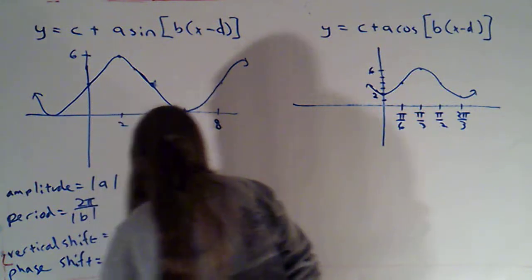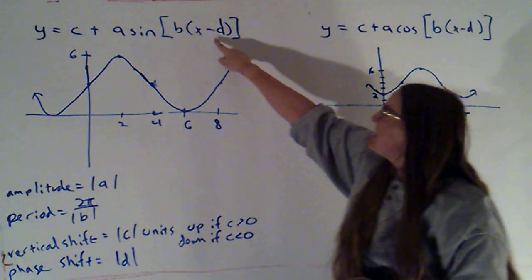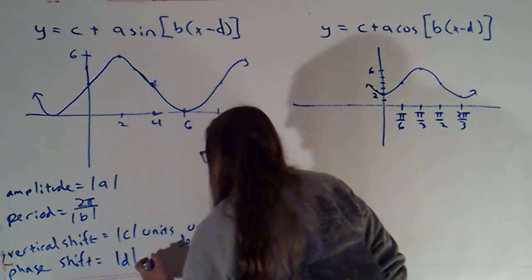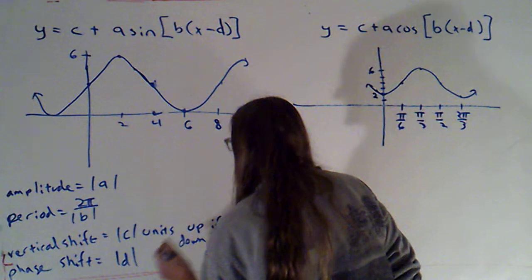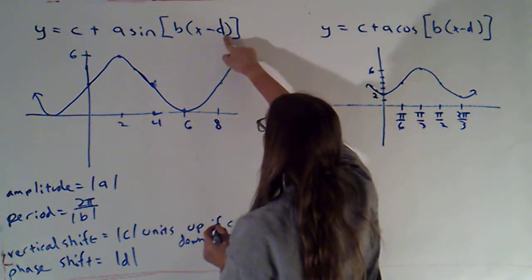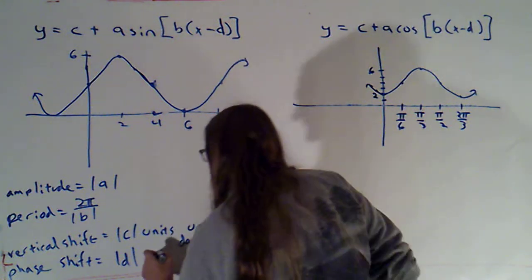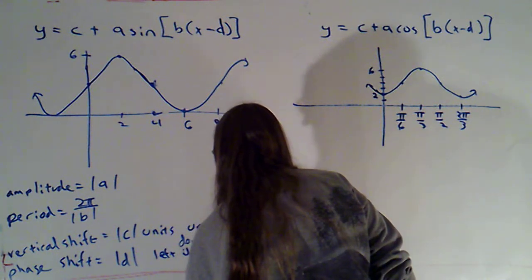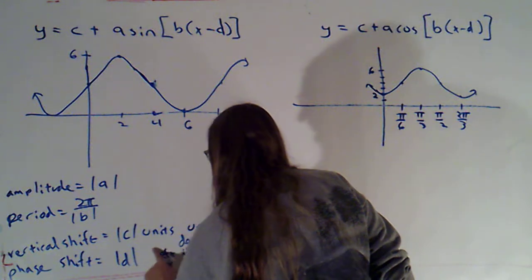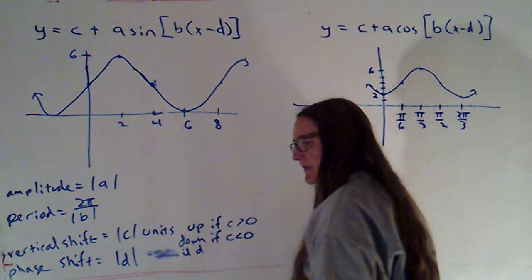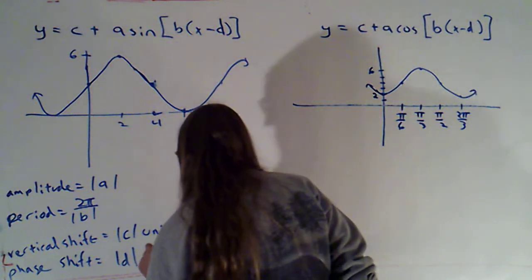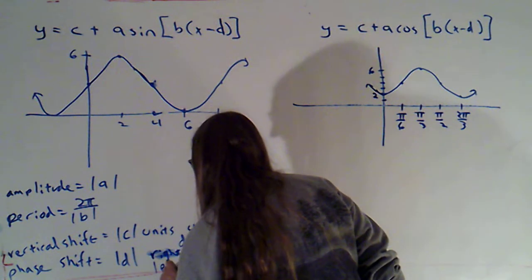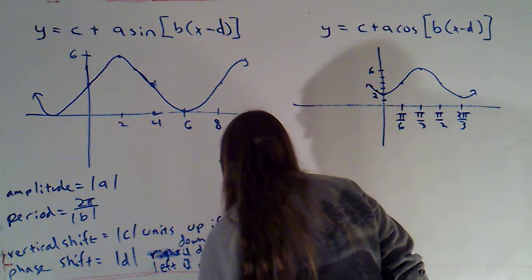We're going to shift things the absolute value of D units, and that negative sign sort of takes care of the fact that it's counterintuitive. I'm sorry, if we're subtracting a positive number, my bad, we'll be moving things to the right if D is positive, and we'll be moving things to the left if D is negative.